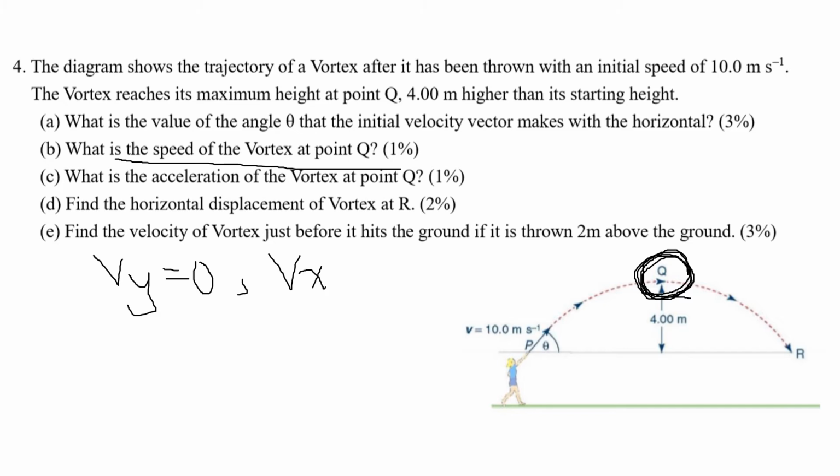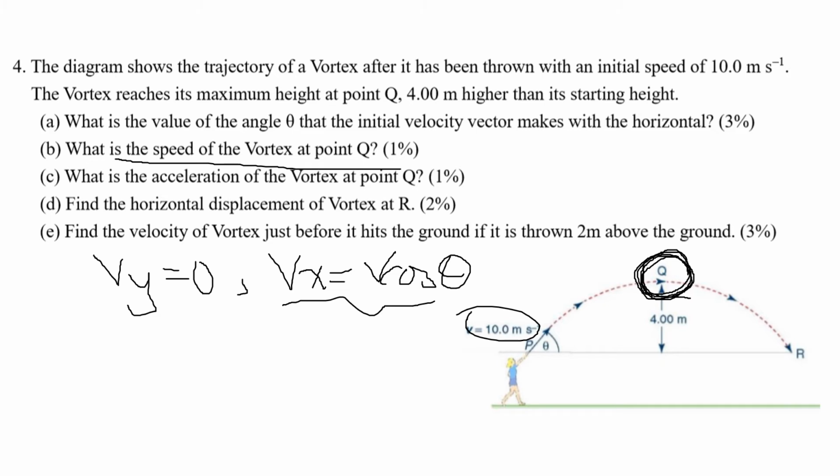Vx equals the initial velocity times cosine theta. The velocity along the x-axis doesn't change, only Vy equals 0. So the speed of the projectile at point Q is actually equal to Vx, because the y component is 0.